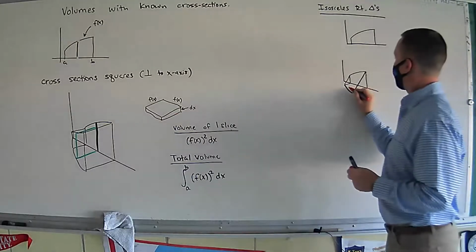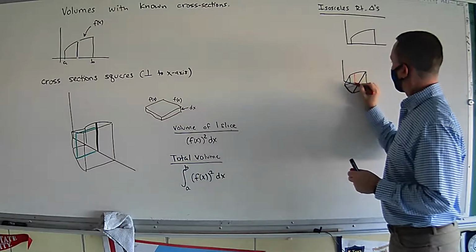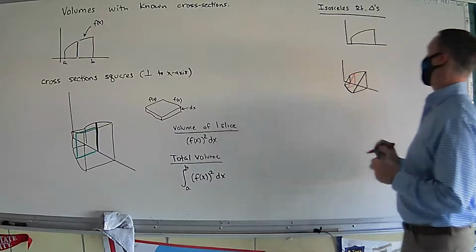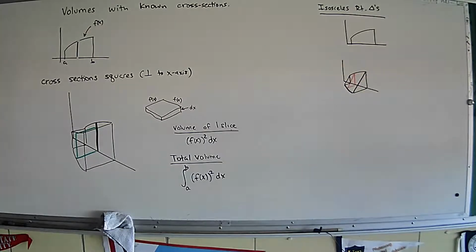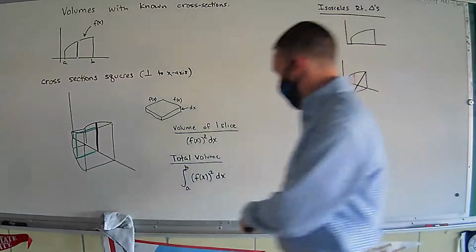So do you see the isosceles right triangle? Oh, you got an answer for me already? Is it just 1/2 of the square? Exactly.